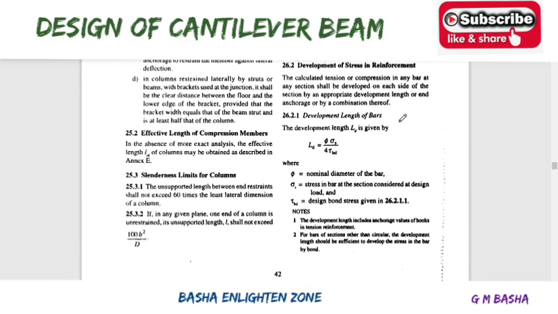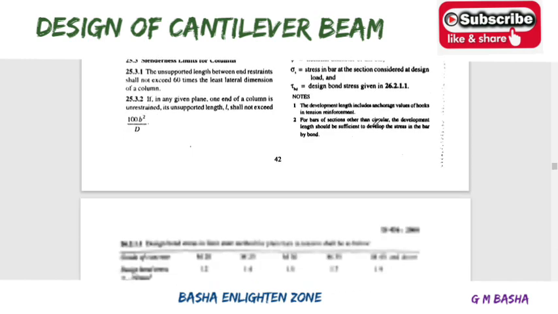The development length is given by L_d equal to diameter times sigma_s by 4 tau_bd. So the formula will be L_d equal to 0.87 f_y times dia by 4 times tau_bd. Actually, the formula will be like that.